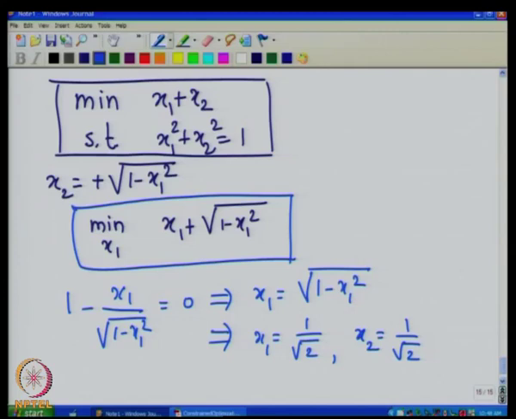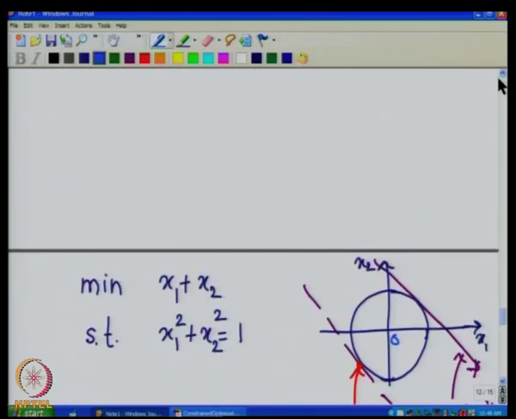So, now let us look at this point 1 by root 2, 1 by root 2 in the earlier figure.